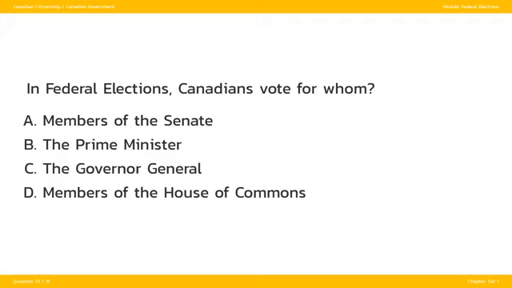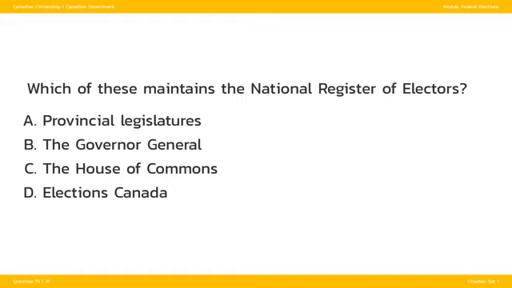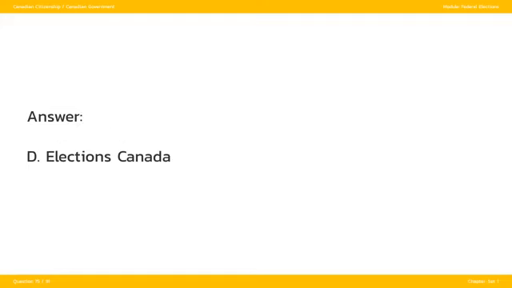C. The Governor-General. D. Members of the House of Commons. The answer is D. Members of the House of Commons. Which of these maintains the National Register of Electors? A. Provincial legislatures. B. The Governor-General. C. The House of Commons. D. Elections Canada. The answer is D. Elections Canada.